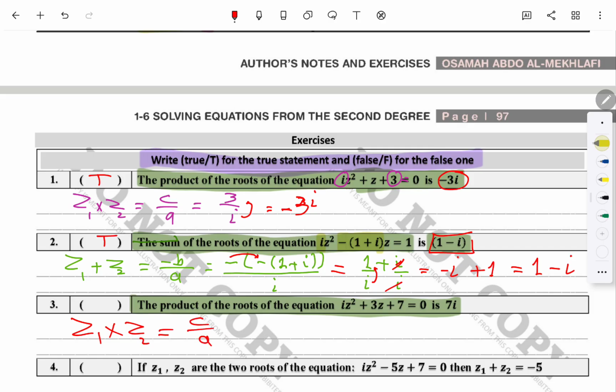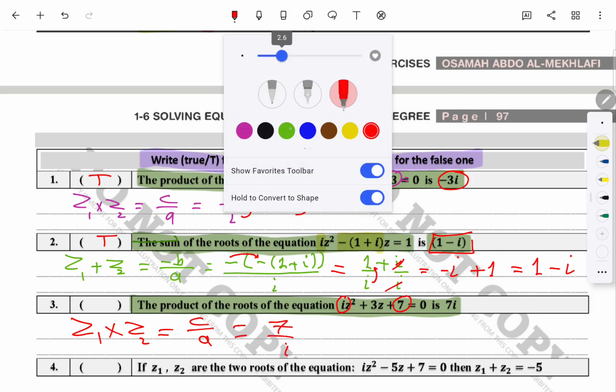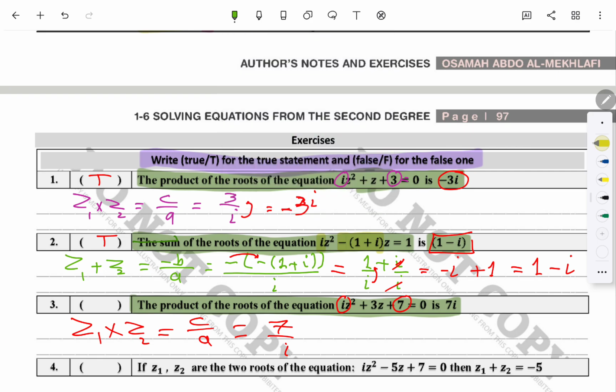Go to the equation and find c, which is the constant, divided by a, which is i. You can now divide 7 by i, take this i from down to up, change its sign to negative, and that will give you this answer, which is negative 7i. Compare your answer with his, and you can't find the negative, so that will make it false.